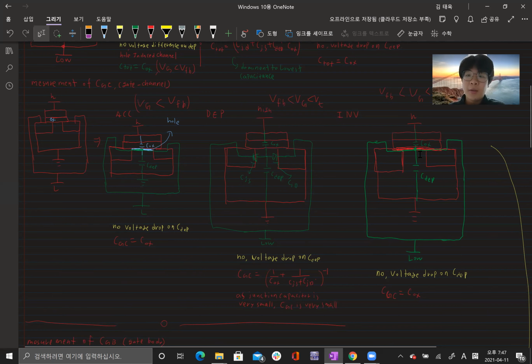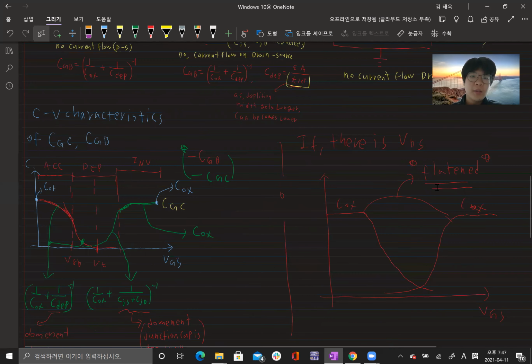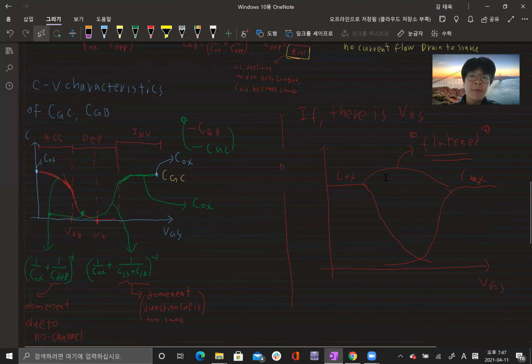So it is parallel with the electrical line between the depletion capacitor, so there is no effect on the depletion capacitor. If we give bias to drain to source, then the accumulation stage would also be constant.